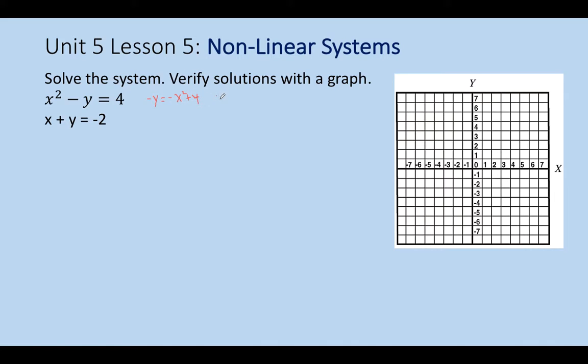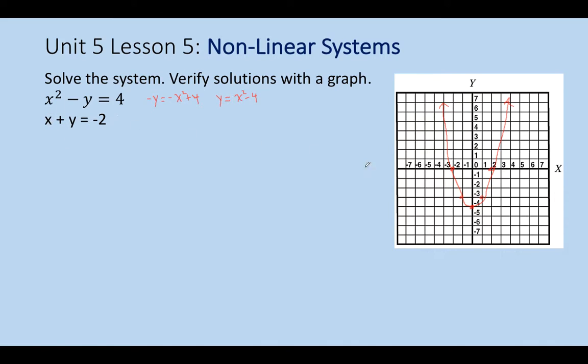That's the same as y equals x squared minus 4, a parabola with a vertex at negative 4. You graph a few points, and you can see we've got a parabola.